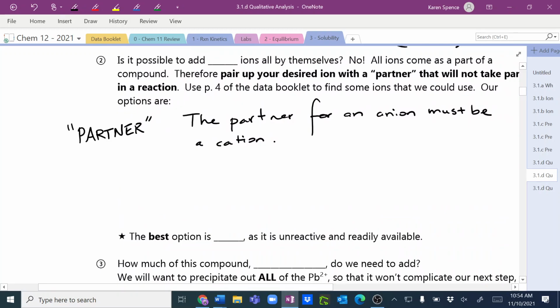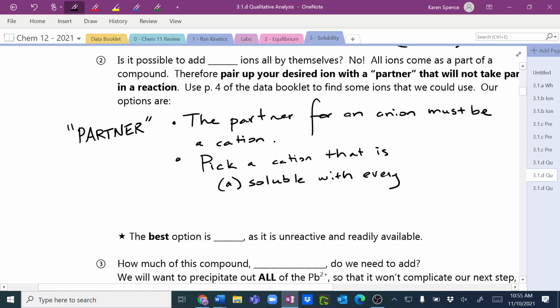Anywho, the partner for an anion must be a cation, and you want the cation to be soluble with everything, because you're going to be mucking about with other ions later on. If you pick an ion that's soluble with chloride but would precipitate with something else, you might have problems later on in the process, okay?